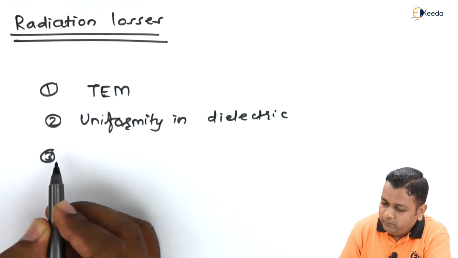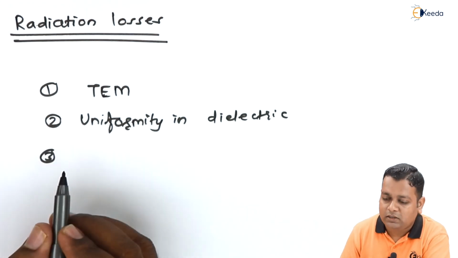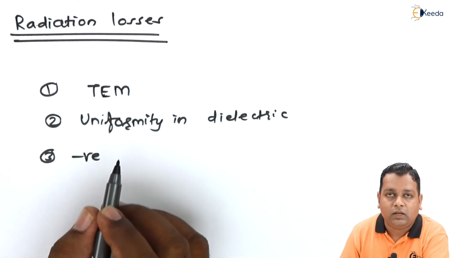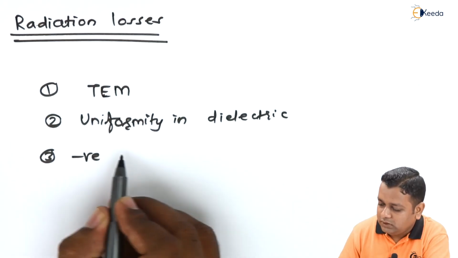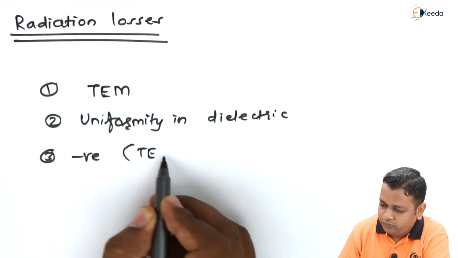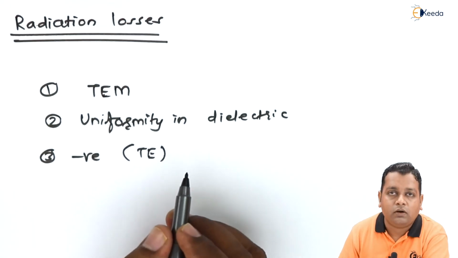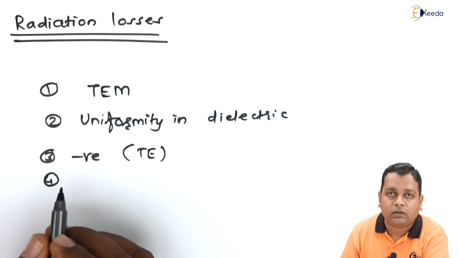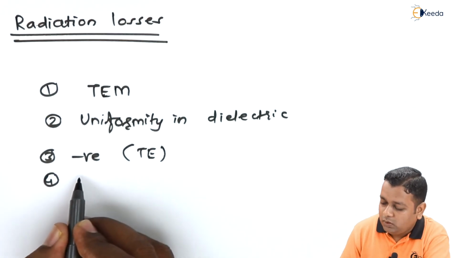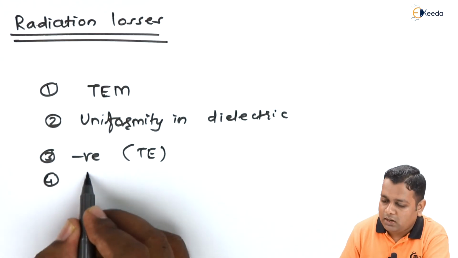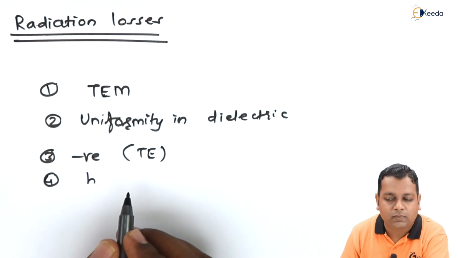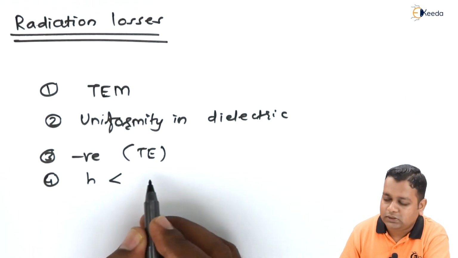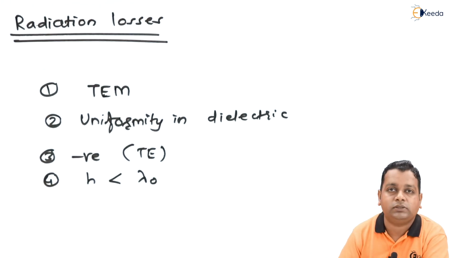Another assumption is that we neglect the radiation from the transverse electric field, which is parallel to the strip. And fourth, the thickness of the substrate, represented by h or b, is less than the free space wavelength lambda 0.